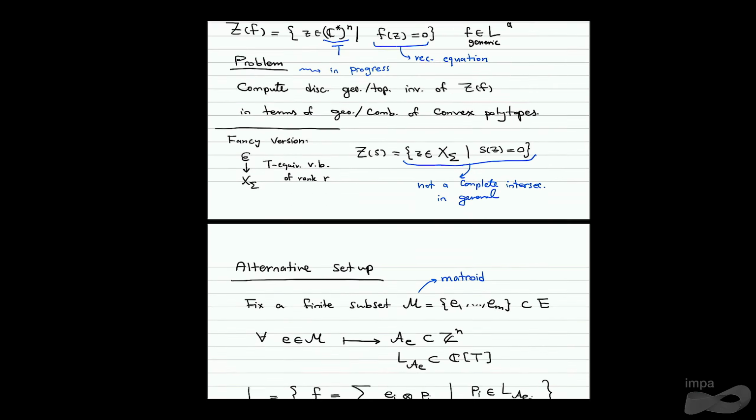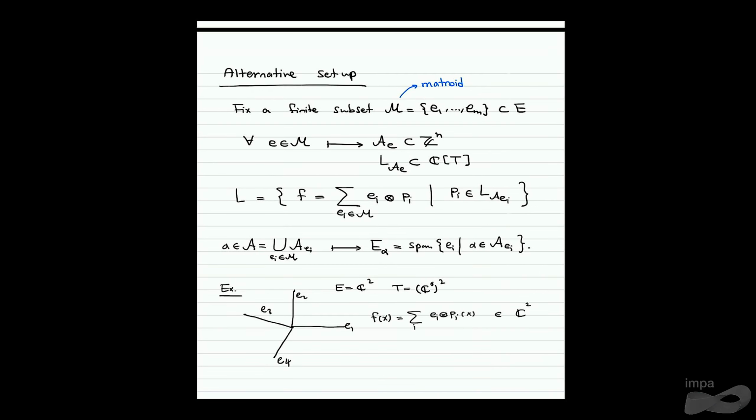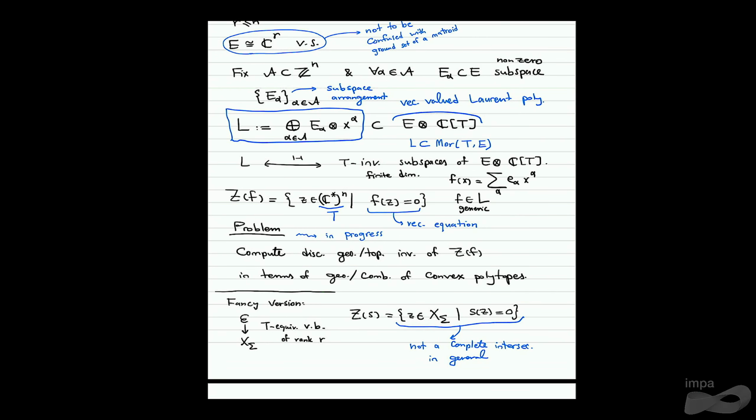Okay. And then if you want to think of matroids... At the start you put r smaller than n, but you are finally interested in these zero sets, right?